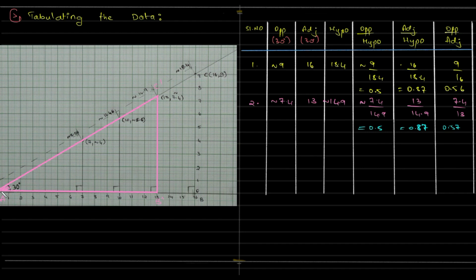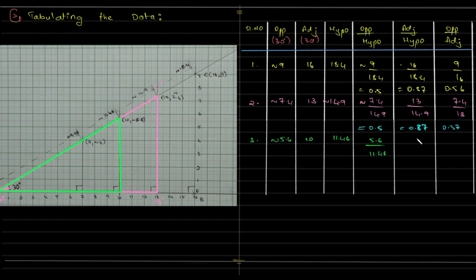Next is this triangle. So for the third one, the opposite side is 5.6, adjacent is 10, hypotenuse is 11.46.